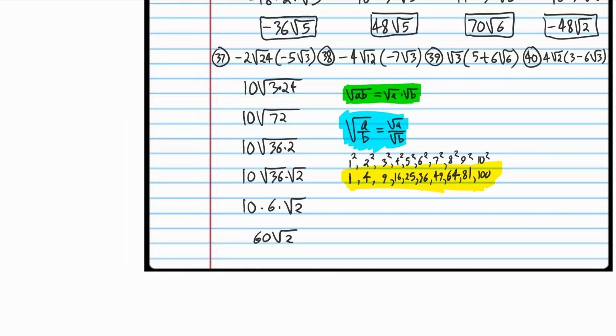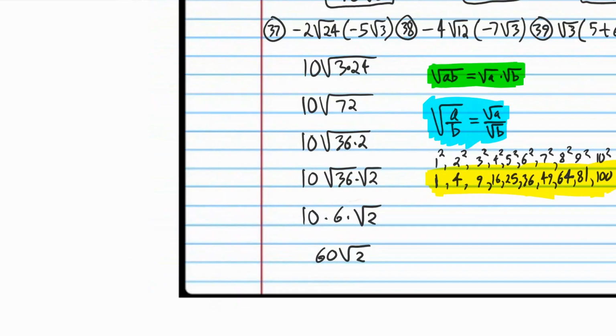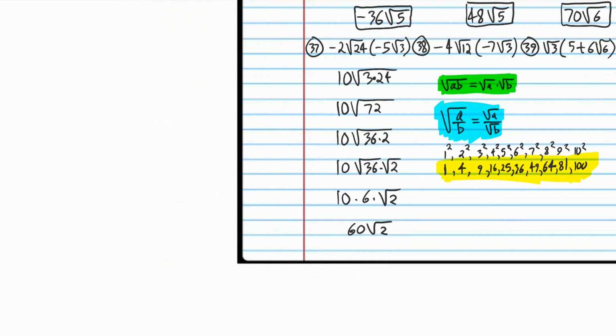So, in case you didn't understand anything that I was talking about there, I just want to show you what it would look like if you tried to factor out a perfect square twice. So let's factor it to 9 times 8 instead of 36 times 2, and I'll show you all the steps that you have to do.